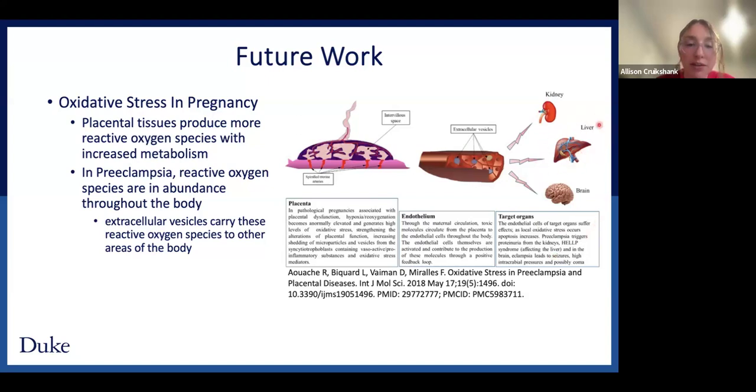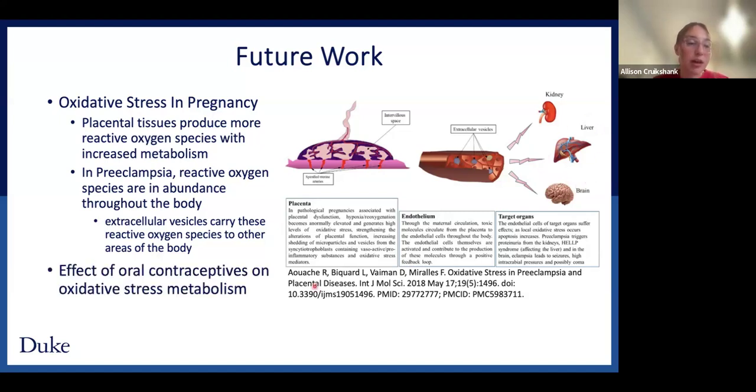The liver is where my work would come into play, looking at how oxidative stress takes form there in preeclampsia. And then also I would want to look at the effect of oral contraceptives on oxidative stress metabolism as well.